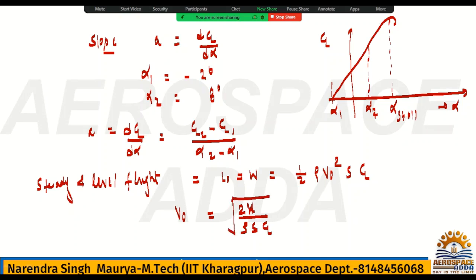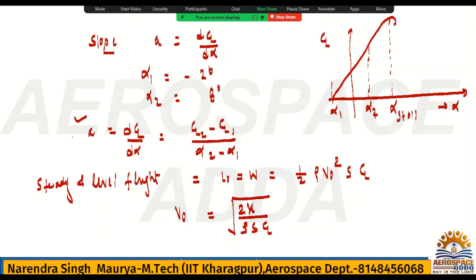So how do we get this CL? For that reason only, because they have given the slope and all, I am using this formula. Hope you understood this. Now it is very clear.